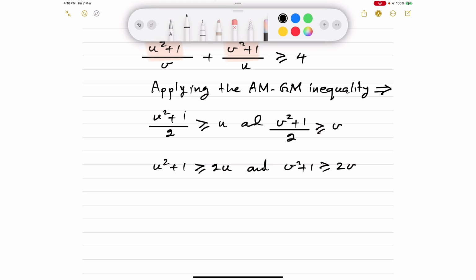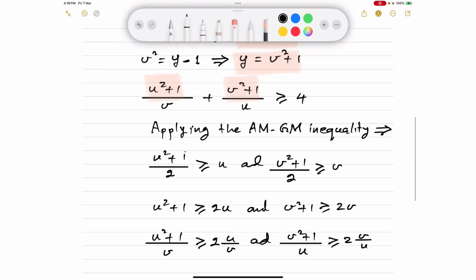So u squared plus 1 divided by v is greater than or equal to twice u divided by v, and v squared plus 1 divided by u is greater than or equal to twice v divided by u.